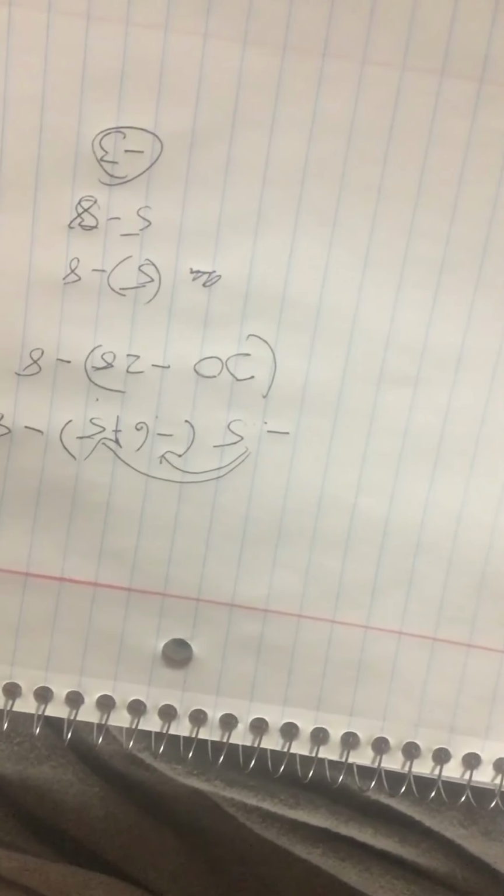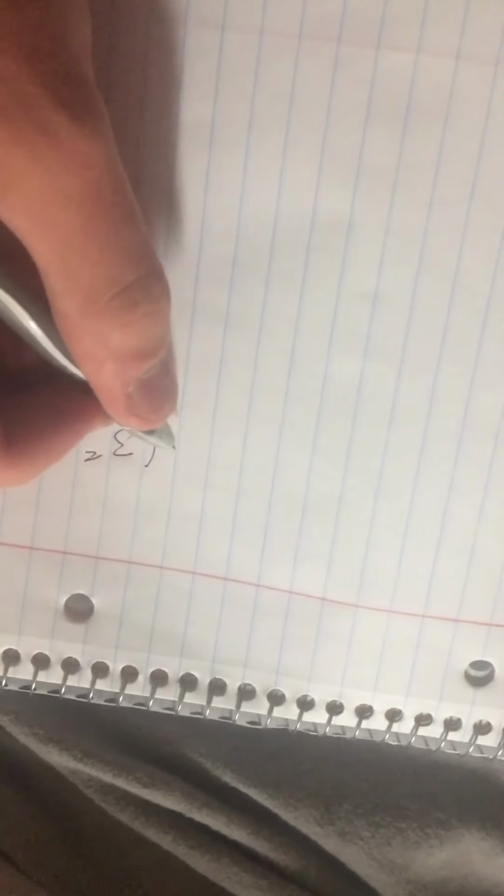Alright, next page. In parentheses, we're going to have 3 squared minus 8. But on the outside here, we're going to have a 4.